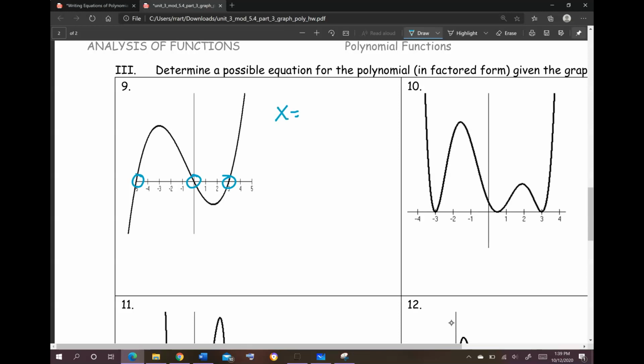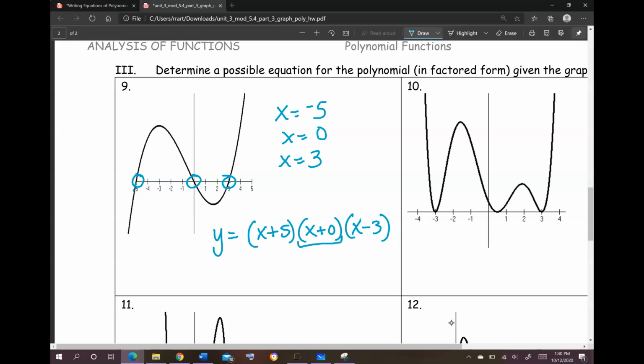X equals -5, x equals 0, and x equals +3. So when I write this, I've got y equals x plus 5, x plus 0, and x minus 3. They all cross. So it's a multiplicity of 1. Do I have to write x plus 0? No. That just means you're going to have an x out front.